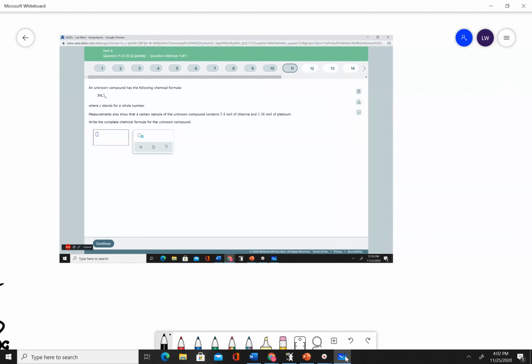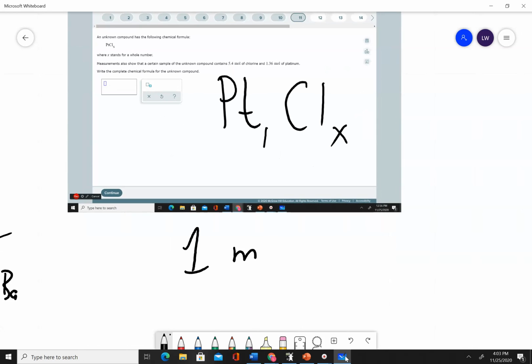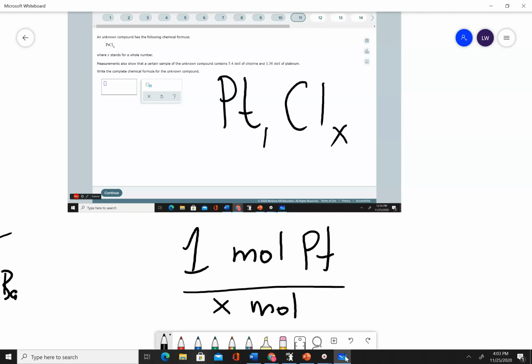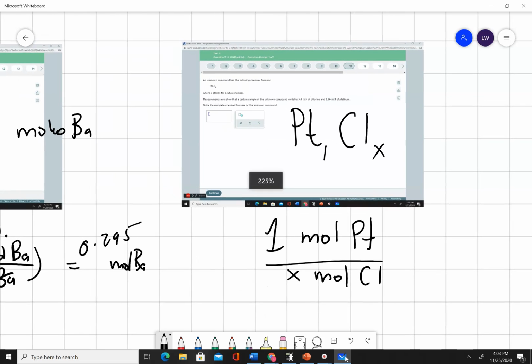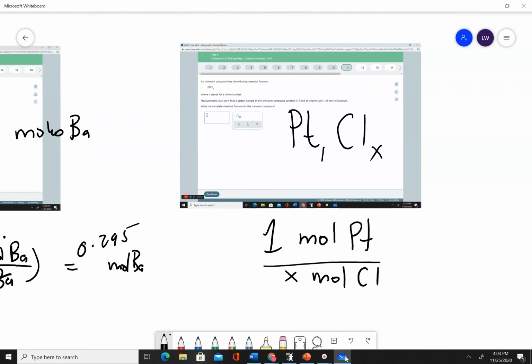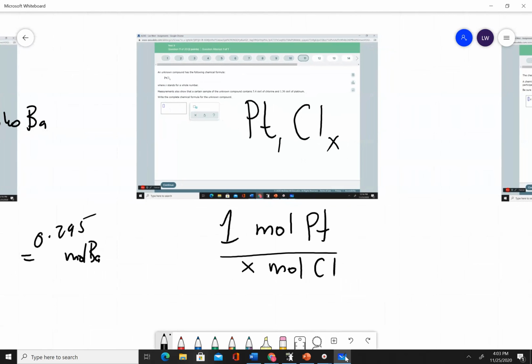Okay, so it says an unknown compound has the following chemical formula: Pt, which stands for platinum, Cl subscript X. So what we know is that we get 1 mole of platinum for every X moles of chlorine. That's the mole ratio in this compound. Measurements also show that a certain sample of the unknown compound contains 5.4 moles of chlorine and 1.36 moles of platinum.